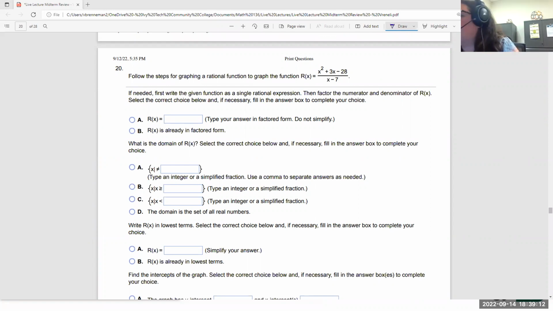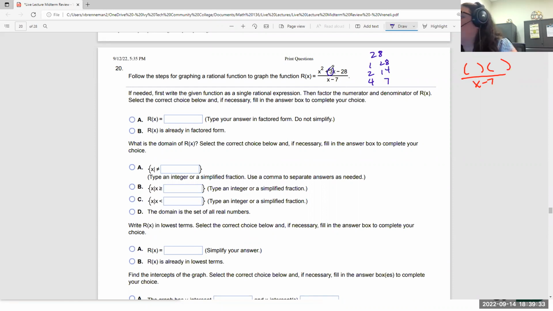So we have the factoring here. The bottom is x minus 7. The top, let's see, 28 is 1 times 28, 2 times 14, 3 doesn't work, 4 times 7.